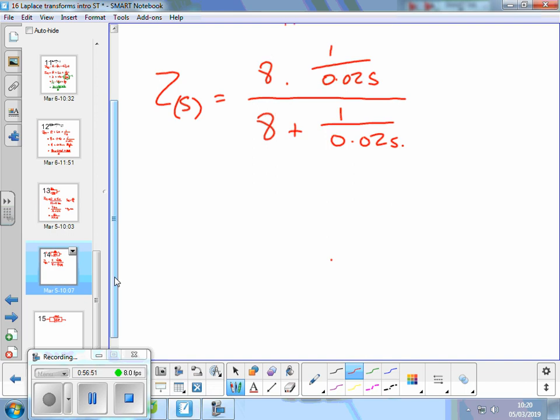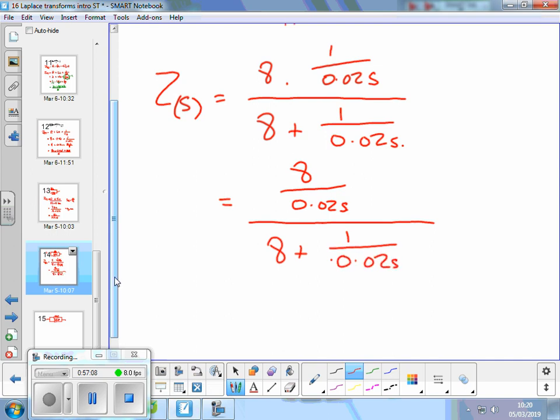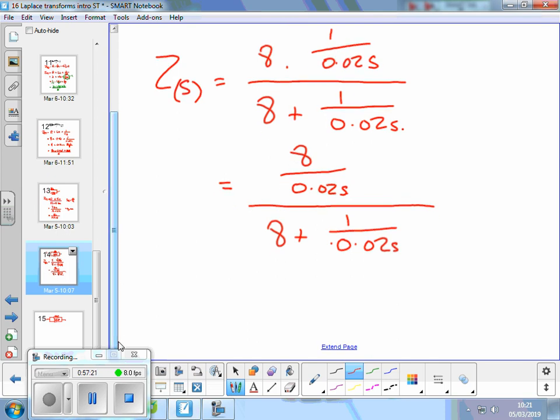On the top, we did, didn't we? We wrote it as, and then, because that denominator can be written as a fraction over 1, we can say it is equal to 8 over 0.02 s times 1 over 8 plus 1 over 0.02 s.